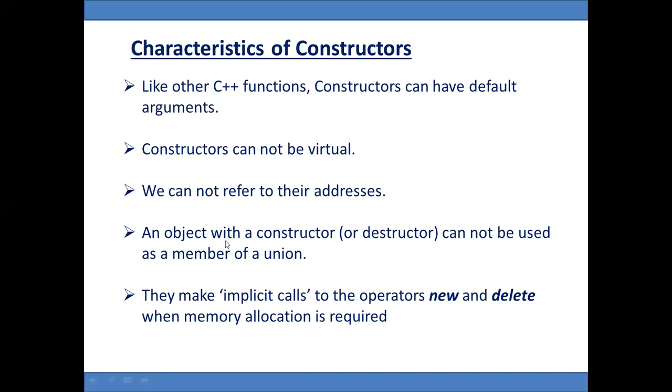An object with a constructor or destructor cannot be used as a member of a union. They make implicit calls to the operators new and delete when memory allocation is required. New and delete are memory allocation operators, also called dynamic operators.